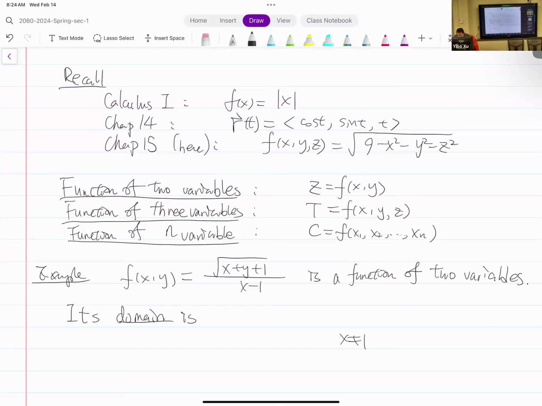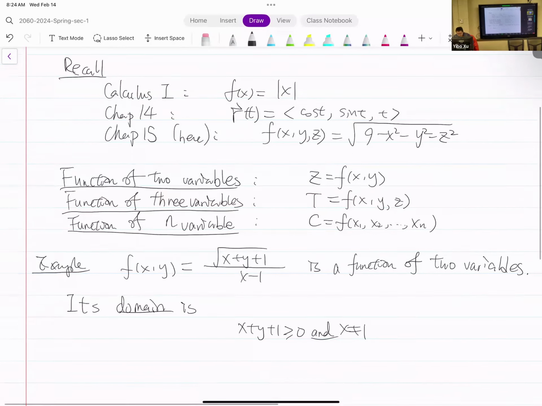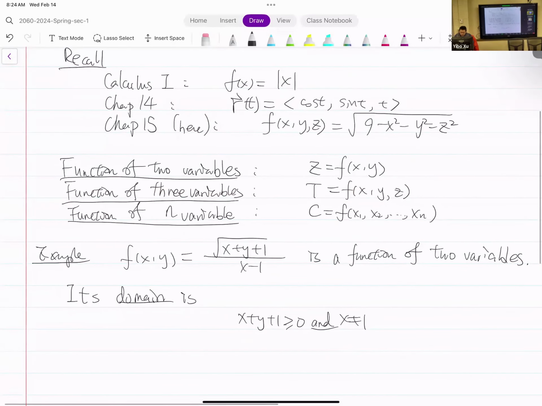It could be 0, it could be a positive number. So that tells you x plus y plus 1 has to be non-negative. Right? So you see there are two conditions, but every pair that satisfies these two conditions will be legal inputs.